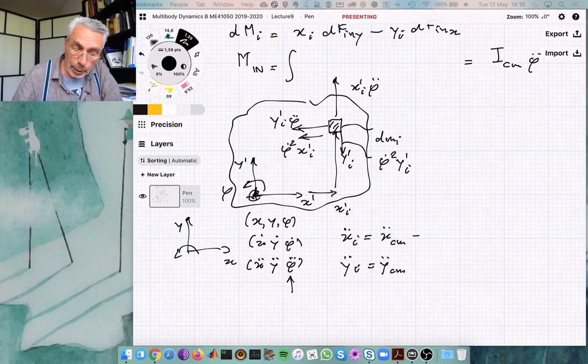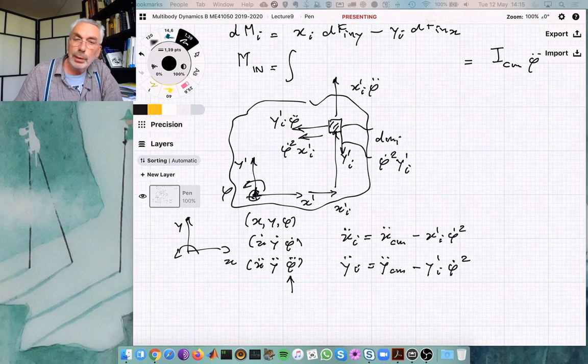Well, let's start with the centrifugal part, so that's minus this one and minus this one, because that's always directed towards the center, so that's simple. And now we have to take care of the signs, because one with the angular acceleration is positive and the other one is negative.